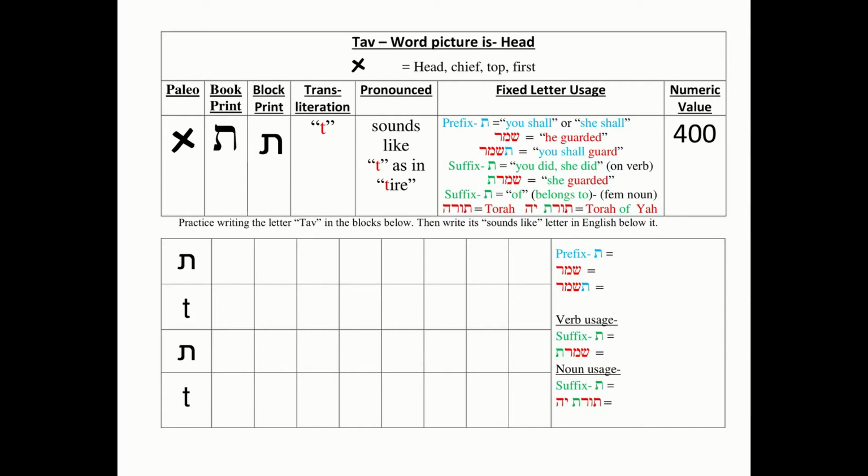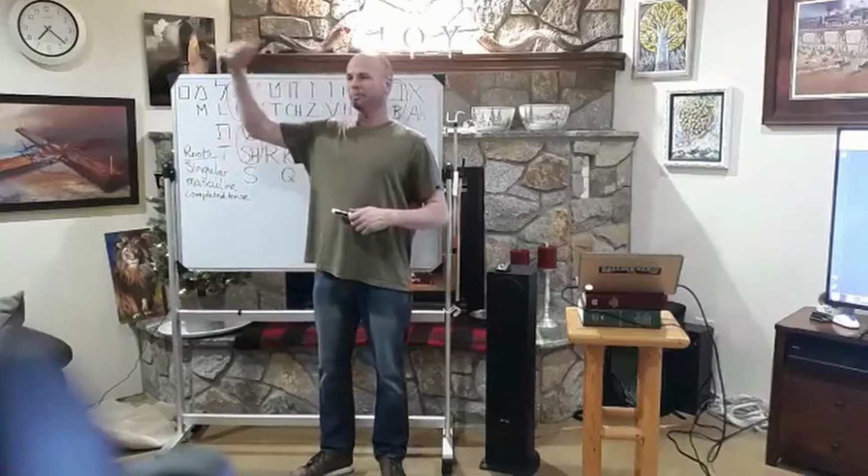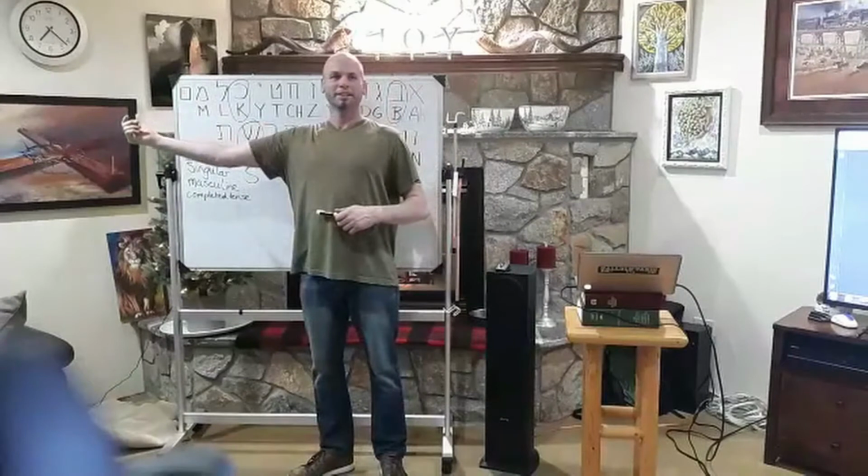And so it's a sign or seal, and it's also the cross. I've heard some people say the cross was pagan or something, and it's like, well, our Savior hung on one, and just because people hijack something that was originally holy and make it unholy doesn't mean it's not holy.